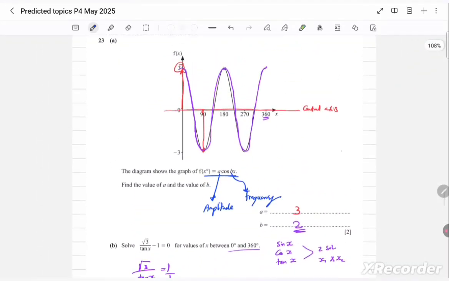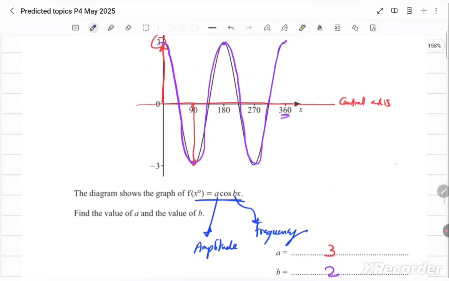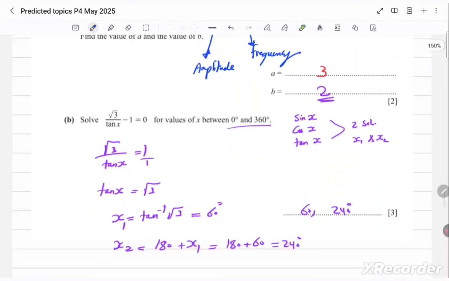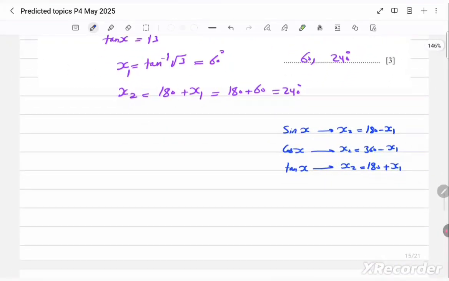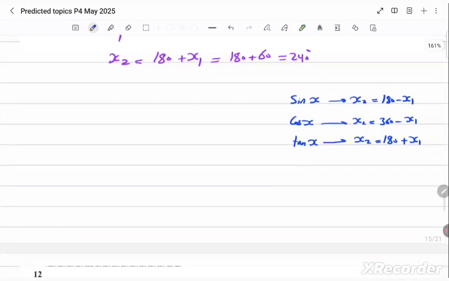Okay, about graphs, you should know them. Like this graph, it's a cosine graph. You know how to sketch it. But in paper 4, they will not ask you to sketch it because you have a calculator. But you should know at least how they look. You may need it. So you should know that sine starts from 0 and goes up.